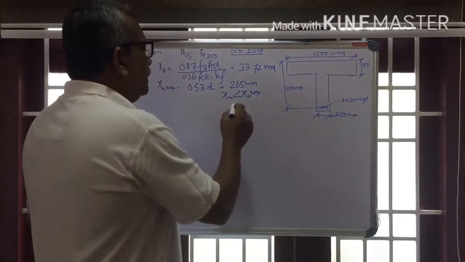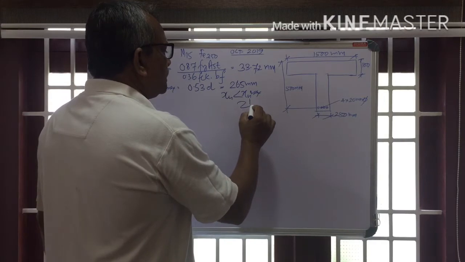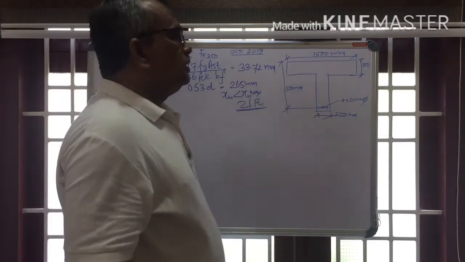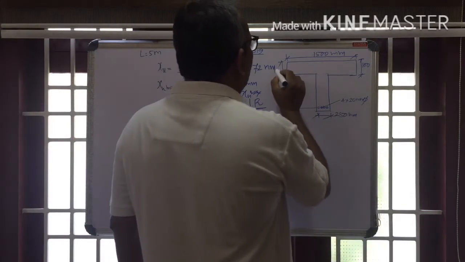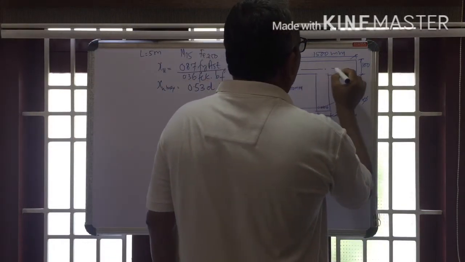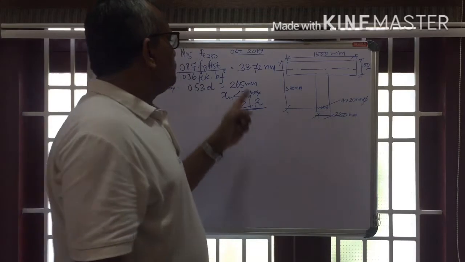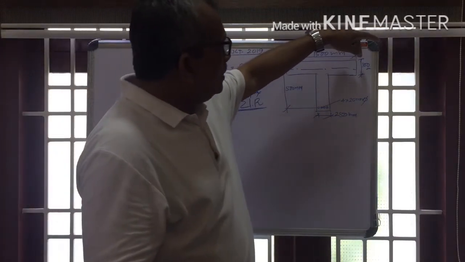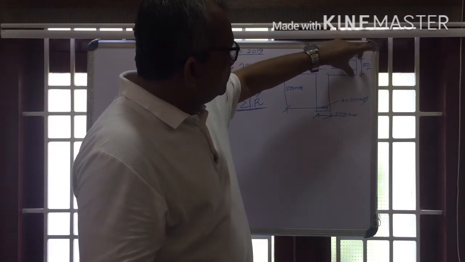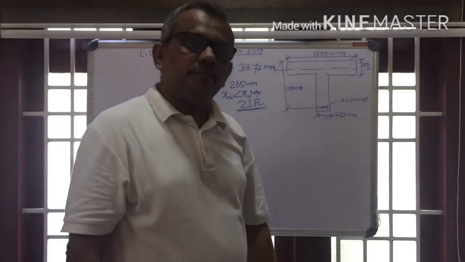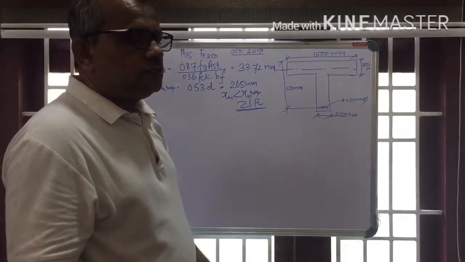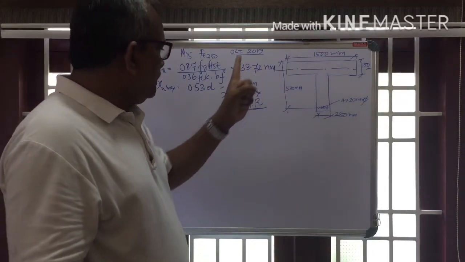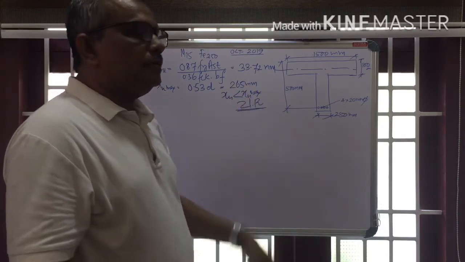It is an under reinforced section, and also the neutral axis lies in the flange. Why? Because we got the depth of neutral axis XU equal to 33.72 only, but the thickness of the flange is given as 100 mm. So both the conditions we checked: the neutral axis lies in the flange and XU is less than XU max.